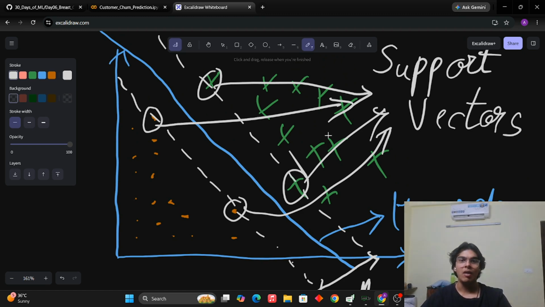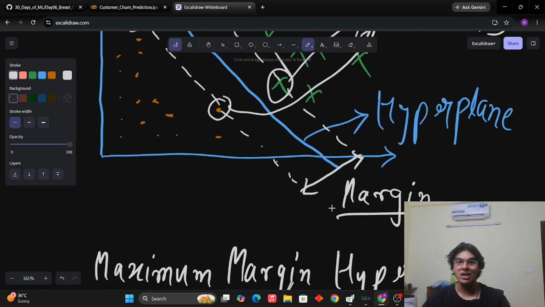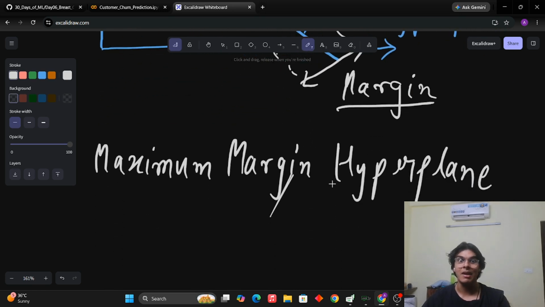And if the green one was in the orange or the orange was in the green, then that point would be called a misclassified point. We want as few misclassifications as possible, and we want the margin to be strict. We don't want to lose margin, which is why this margin distance needs to be maximized.